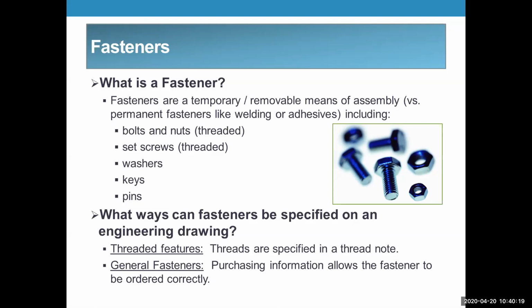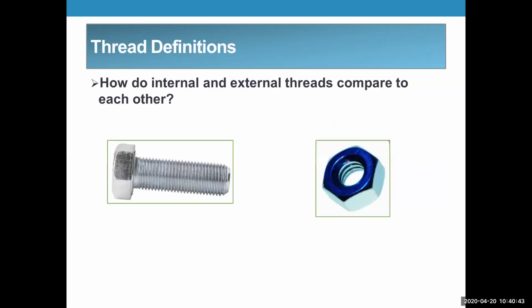They're just listed in a bill of materials or a list of purchase parts, so that they can be ordered and the correct style and size is there when needed.